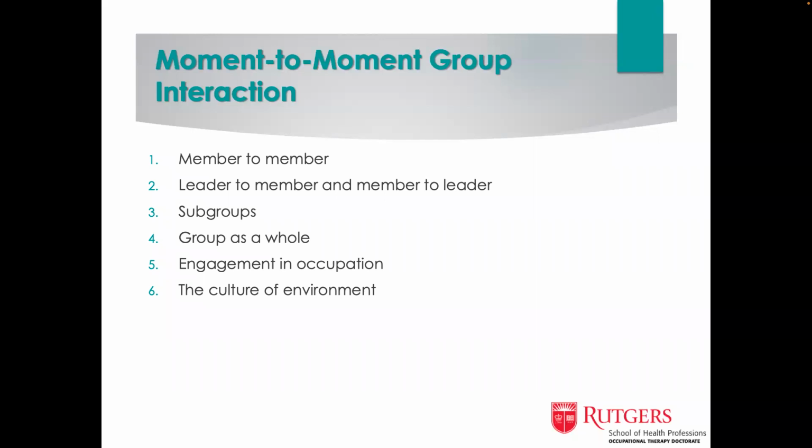There's also the engagement in occupation, right? That's a transactional experience. While we're engaging in the occupation, it is also engaging with us. And then we also want to think of the culture of the environment. The context is going to have a very large role in how the group proceeds and the success of the group. Let's think about a yoga studio.